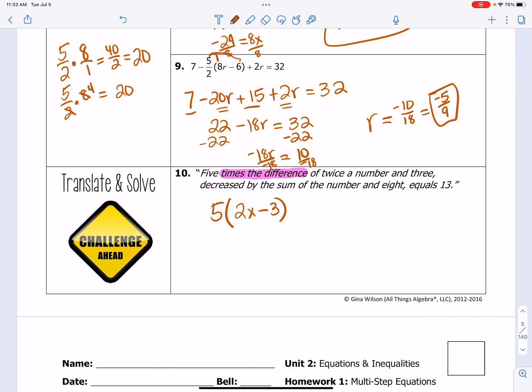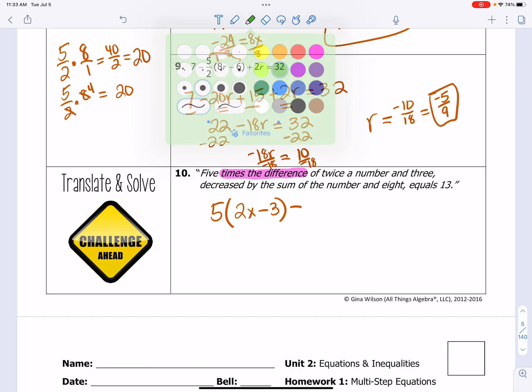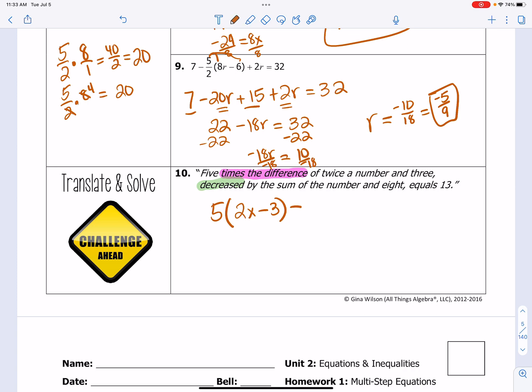So you have to use parentheses. And then it wants you to decrease it. So that's a minus. So I'm just going to highlight this so you can see. Then you're decreasing it by the sum of the number and 8. So you also have to put that in parentheses. And that's going to equal 13.